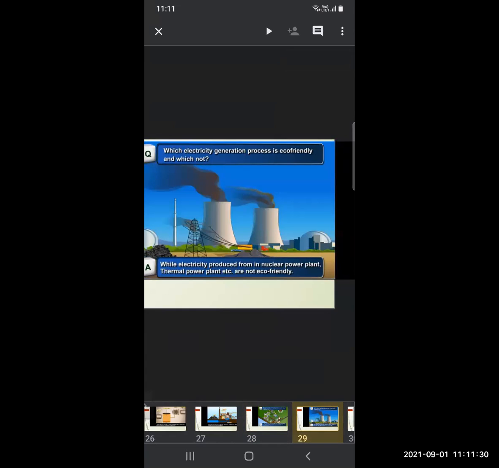While electricity produced in nuclear power plants and thermal power plants is not eco-friendly because they release toxic gases into the environment, causing adverse effects on flora and fauna as well as animals and human beings. So nuclear power plants and thermal power plants are not eco-friendly.